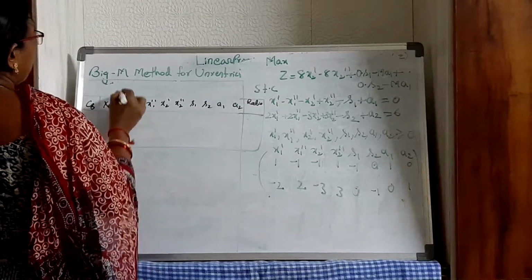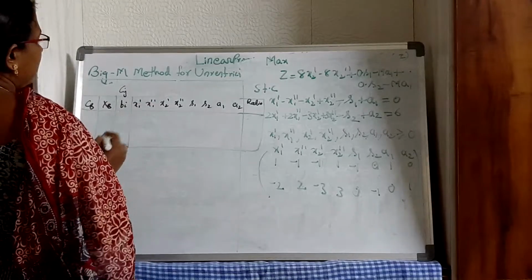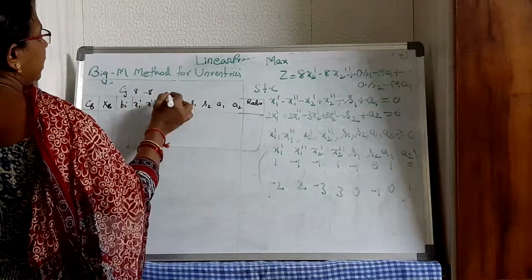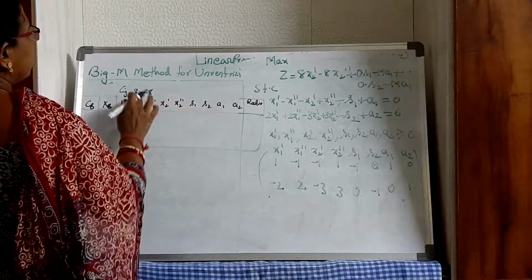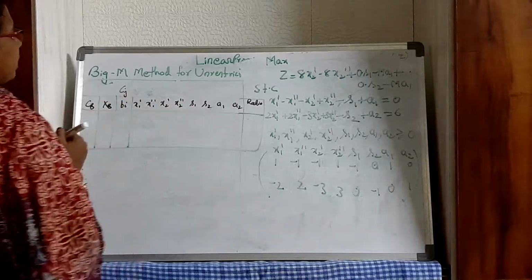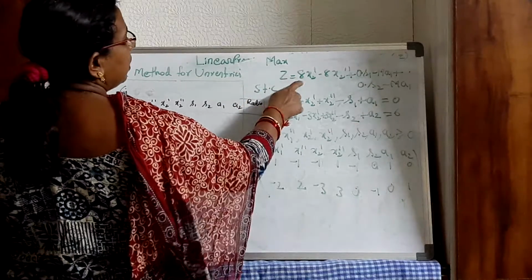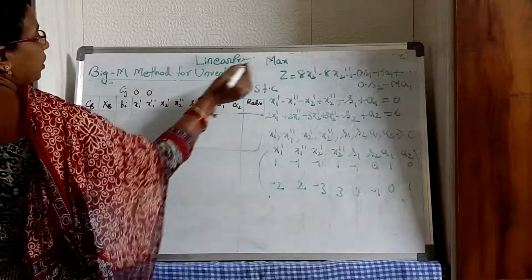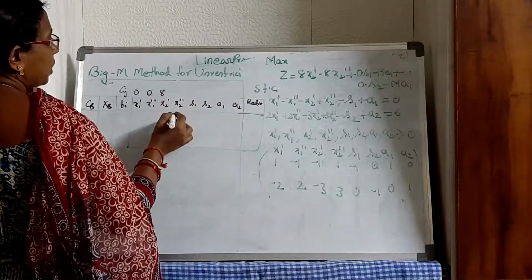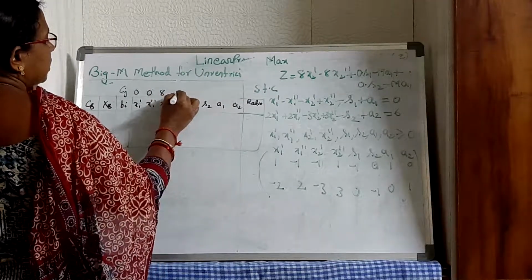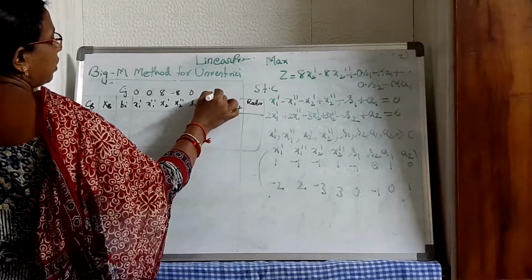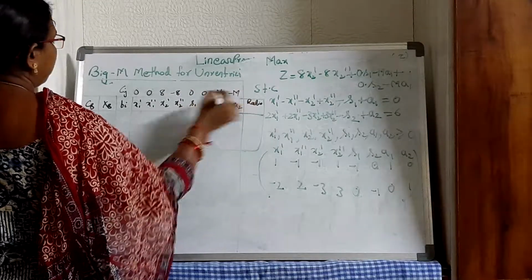Here you will have Cj. The Cj's are: for x1' and x1'' you don't have any values in the objective function, which means these are 0. For x2' the coefficient is 8, for x2'' it is minus 8, S1 is 0, S2 is 0, A1 is minus M, A2 is minus M.